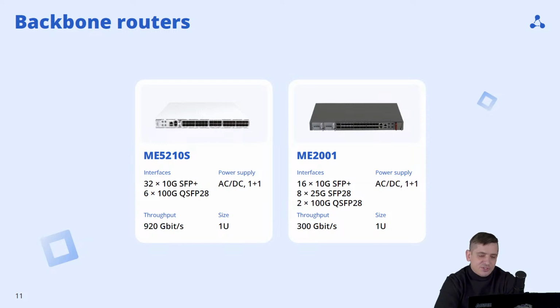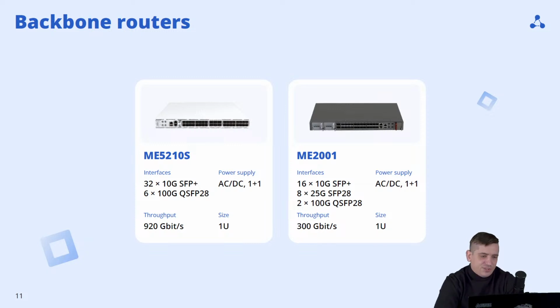Due to the interfaces, there are 16 10 gig SFP+, 8 25 gig SFP28, and 2 100 gig QSFP28 for ME 2001. It is also capable of carrying AC or DC power supply on board with hot replacement, without interruption in its operation.